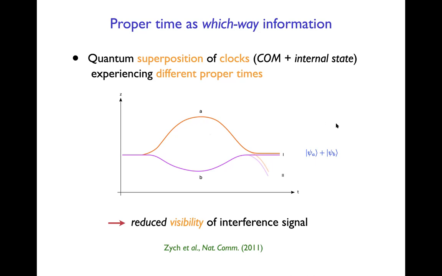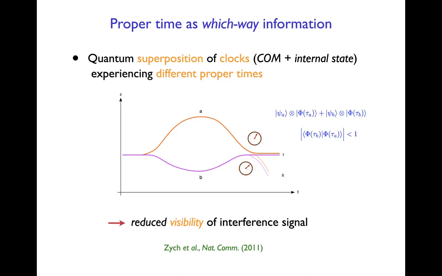Now, the interesting thing is when you exploit the internal structure of these matter particles, let's consider for the sake of being concrete, atomic systems, atoms. You can exploit the internal structure to use them as clocks.